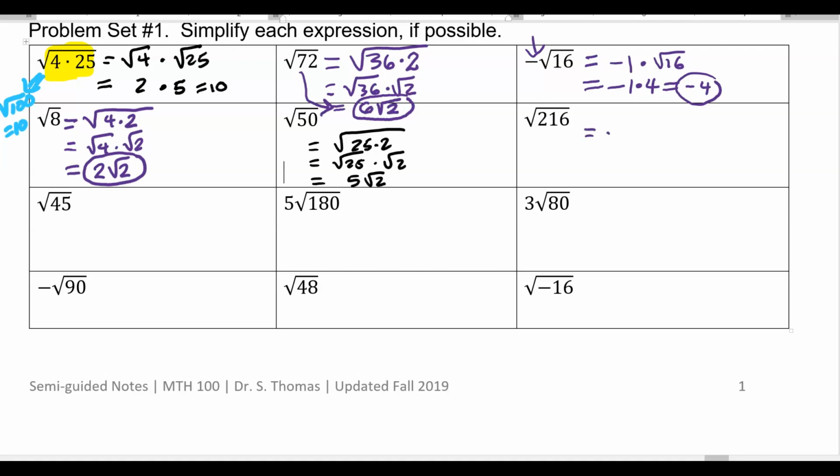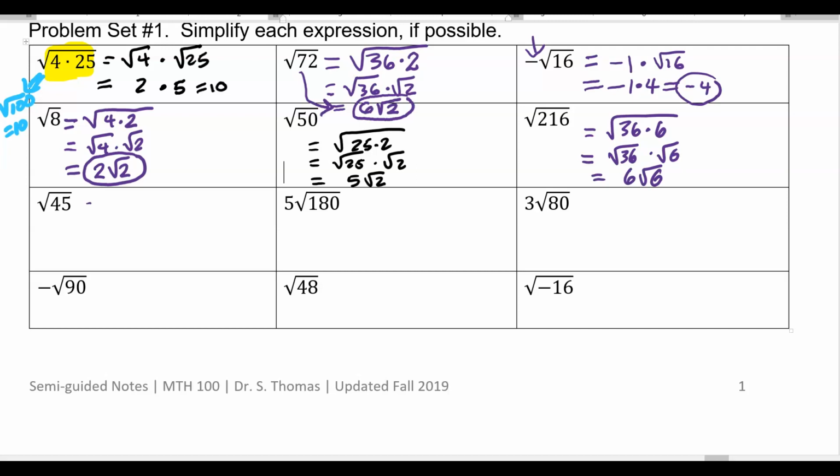So if you said the square root of 36 times 6 is square root of 216, then you are on the right track. 36 is the largest. Now again, let me reiterate, you want the largest so that you don't have to simplify your answer more than once. So if we split this up, we get 6 times the square root of 6.